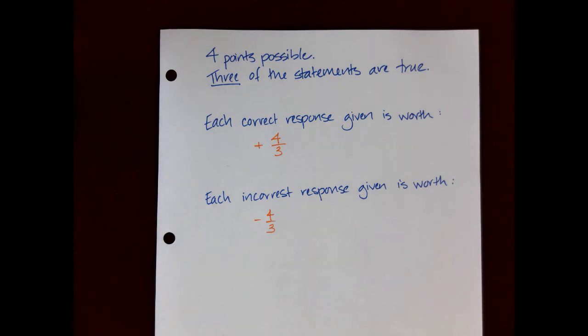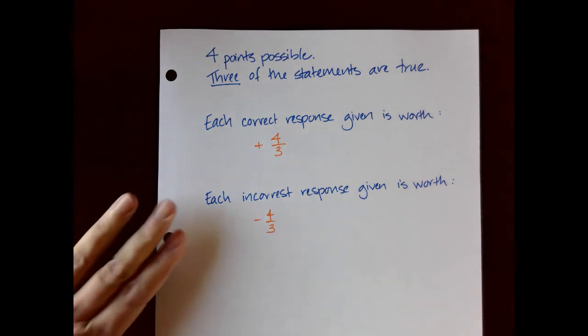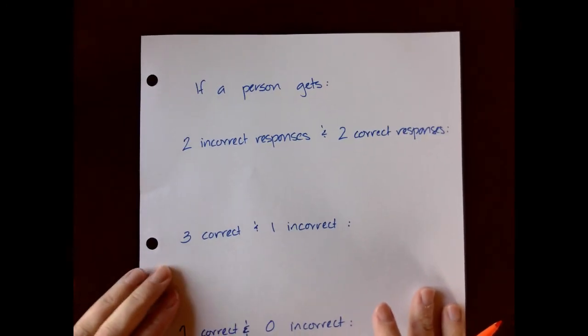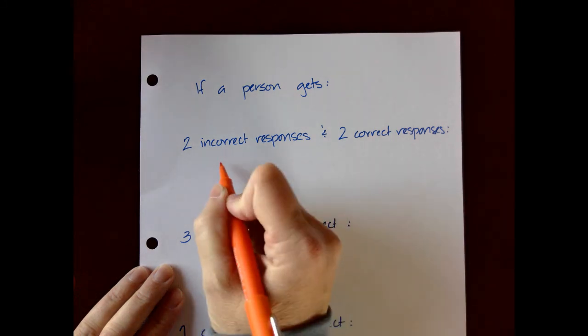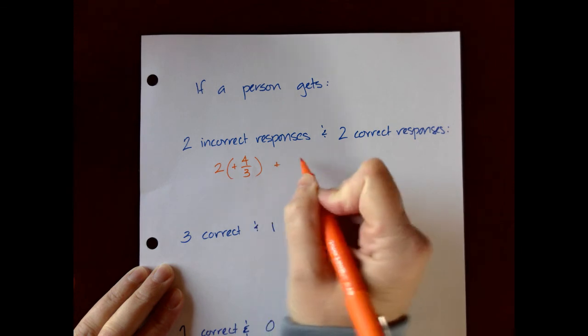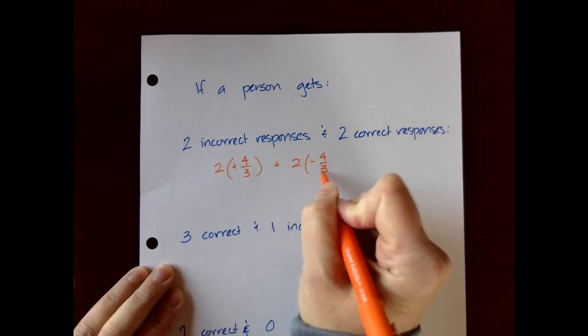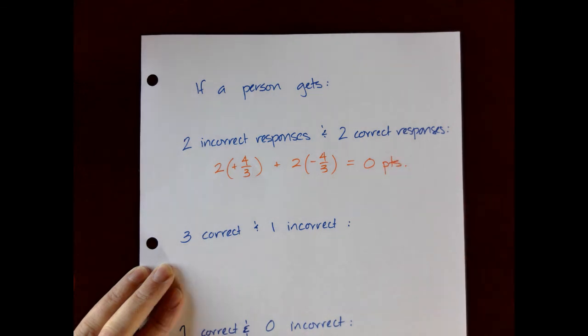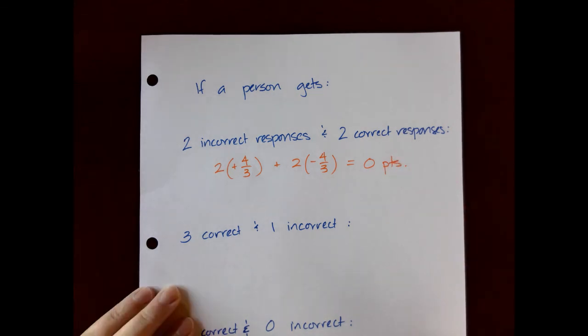Armed with that, if a person gets 2 incorrect responses and 2 correct responses, then they would get 2 sets of positive 4/3 and 2 sets of negative 4/3. When we figure all of this out, they would have no points for that question.